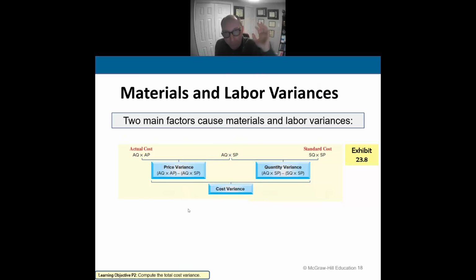Okay, materials and labor. There are differences in materials and labor. We call these variances. The differences stem from what we actually purchased in terms of materials or the actual amount of hours worked for labor, in comparison to the standard quantity we normally purchase or the standard number of hours.